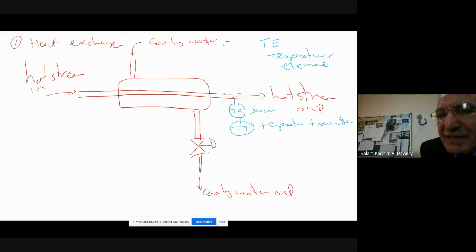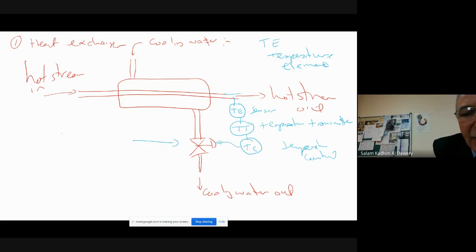The element sends a signal to the transmitter, which sends a signal to the temperature controller. And that temperature controller will send the signal to the control valve. This is a pneumatic control valve. Sometimes they call it the final control element.